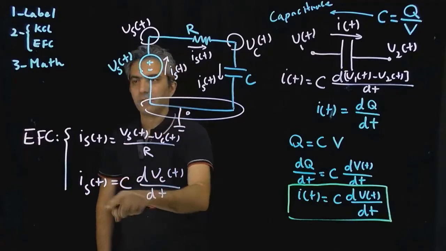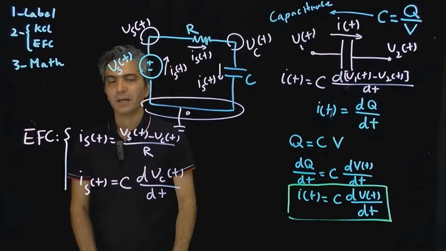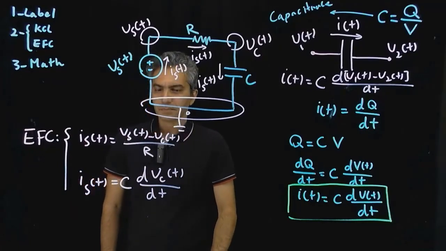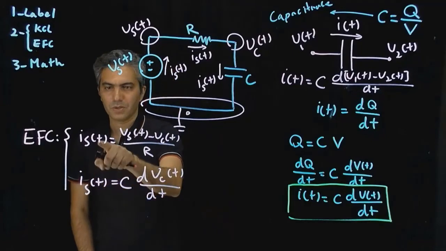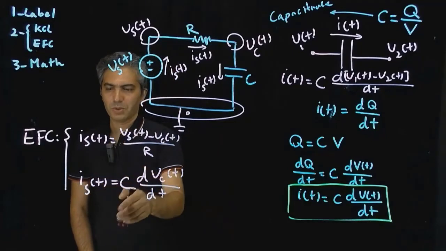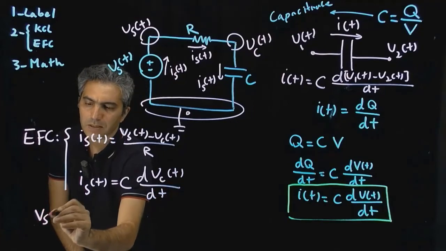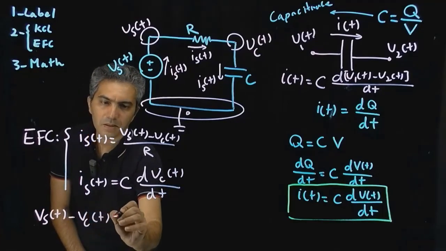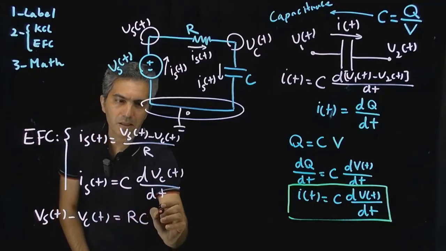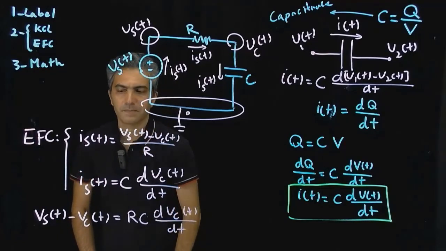Now, I have to solve these two equations to calculate all the currents and voltages in the circuit. So let's move on. These two are equal to each other, so I can set them equal. That means VST minus VCT is equal to RC dVCT/dt.